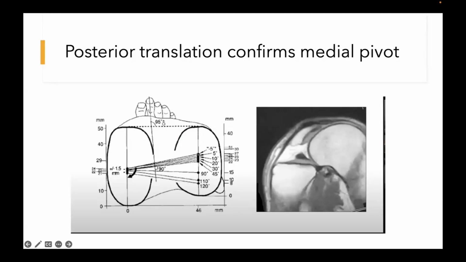In the initial degrees of flexion, it is either a lateral pivot or an equal pivot. But as the flexion progresses, in activities involving deeper flexion, like squatting, there is more posterior translation in the lateral tibial plateau when compared to the medial tibial plateau. So there is a medial pivot happening in deep flexion.